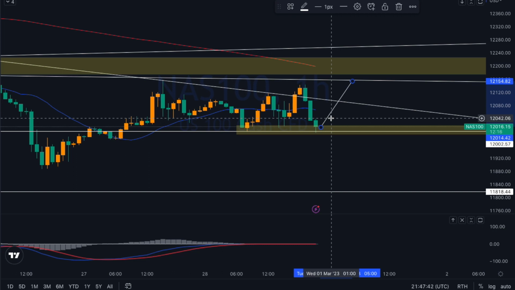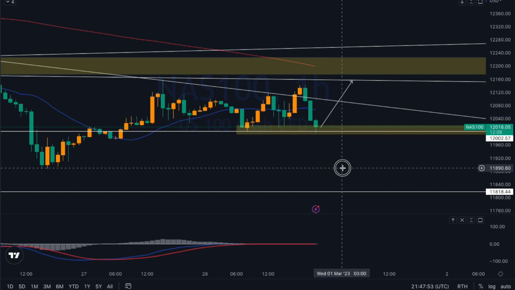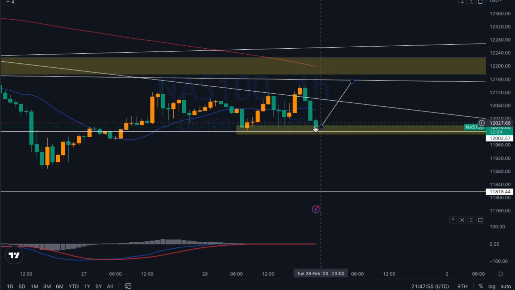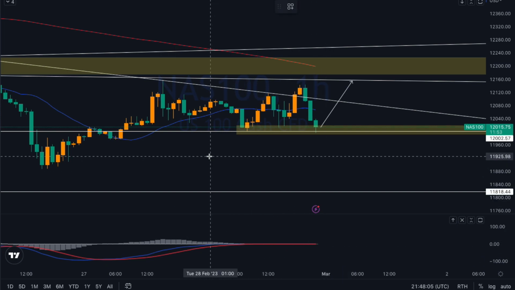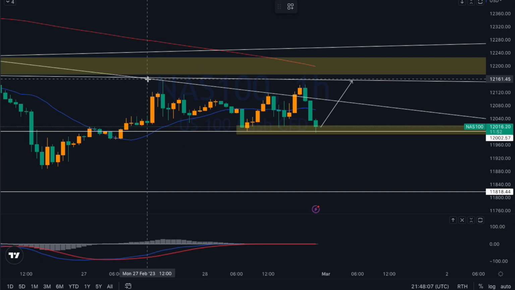Between now and when the market opens, and from when the market opens to about 3 p.m. in the afternoon tomorrow, UK time, I'm expecting price to move from where it is right here to head its way somewhere around this zone. The reason why I say that is I believe this is the most likely move that price is going to make, because right now it's gone into a range.